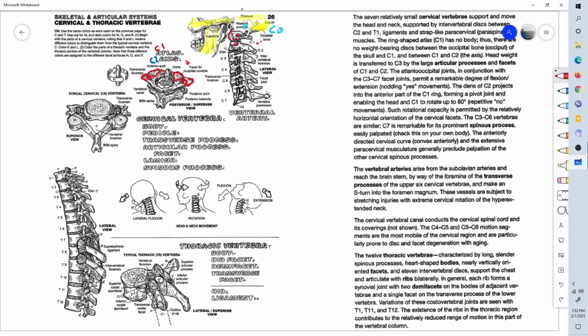Here's the transverse foramen of C2, C3, C4, C5, C6, and C7. It misses C7. But what is occurring there is an artery called the vertebral artery that runs down through the transverse foramen of vertebrae 1 through 6.